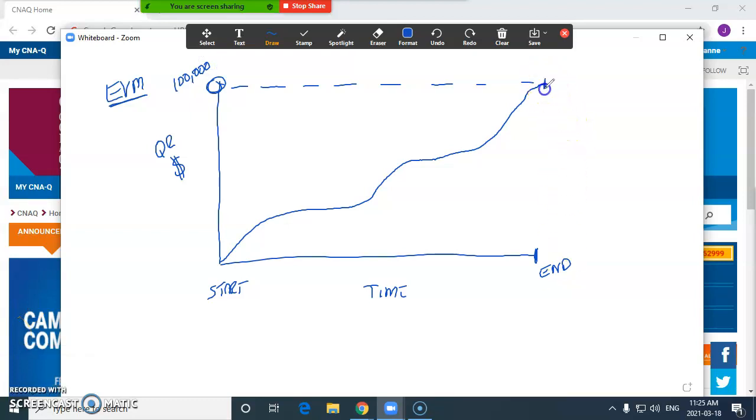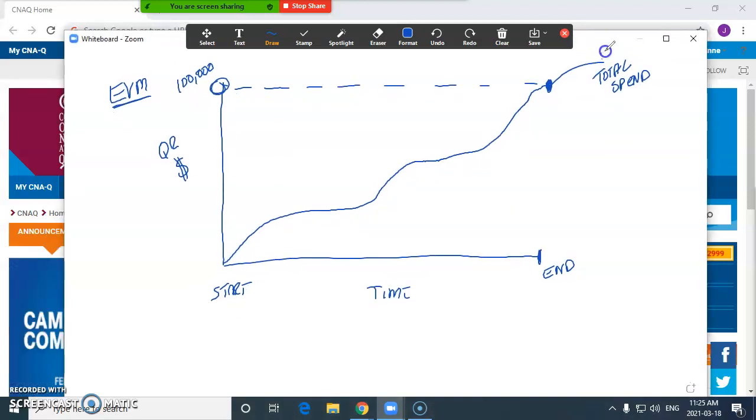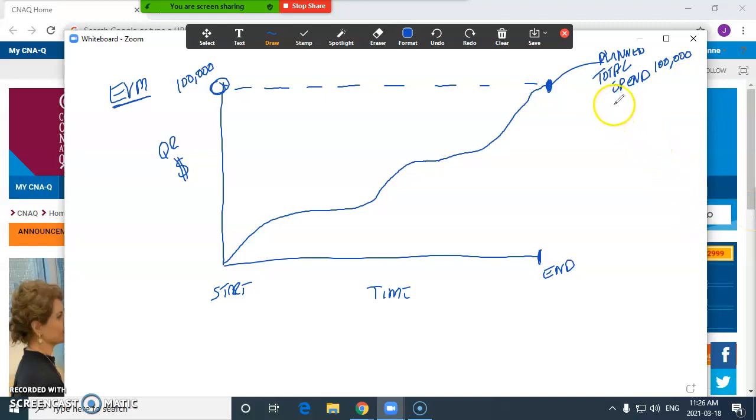So this here is what we planned our total spend for the project. That's what our plan is, okay? Plan spend, okay? 100. Now, in EVM terms, this is called budget at completion, okay? Basically, it's your total budget number, okay?